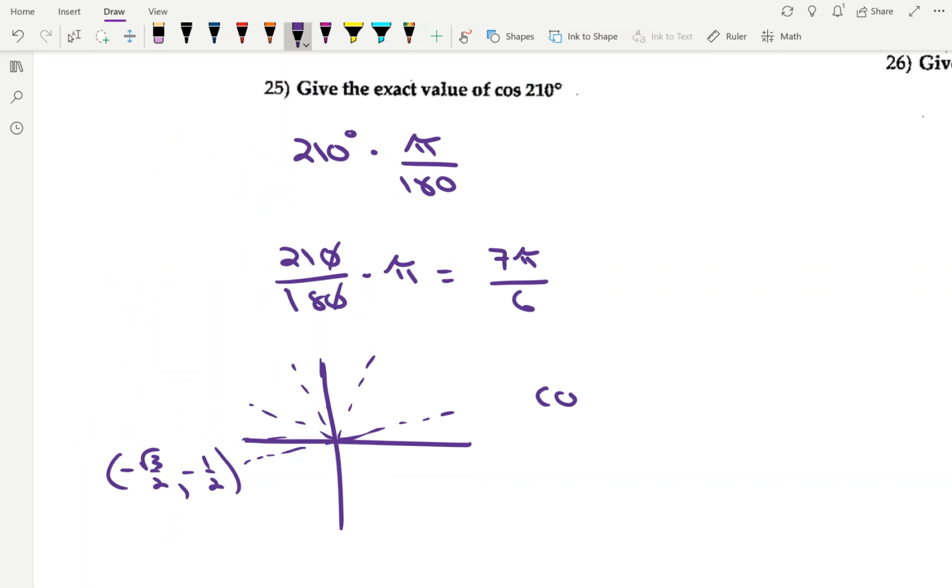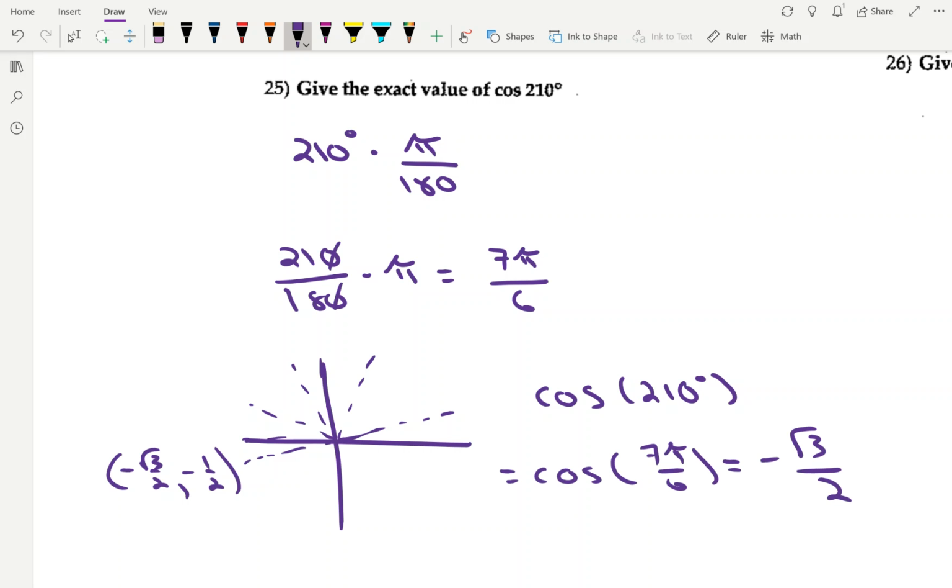So if you want cosine of 210 degrees, you're really asking for cosine of 7 pi over 6. And unit circle masters know that's the negative guy. That's the x guy. That's 7 pi over 6, which gives me a negative root 3 over 2. Remember, you must be a unit circle master.